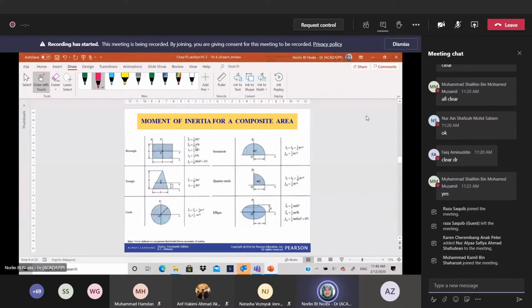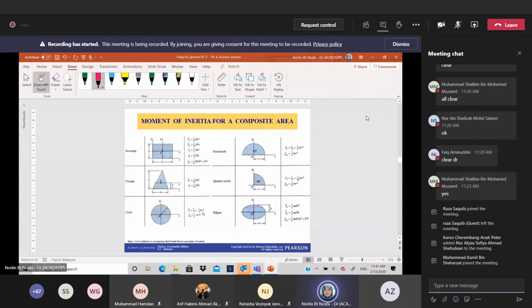For a triangle, Ix bar is different: 1 over 36 BH^3, then for the base, 1 over 12 BH^3. This one is for a circle. A circle is the same for Ix and Iy bar: 1 over 4 pi r^4. This one is a semicircle, where the Ix and Iy are different. This one is a quarter circle, and then this one is for an ellipse. You see the Ix and Iy are different.